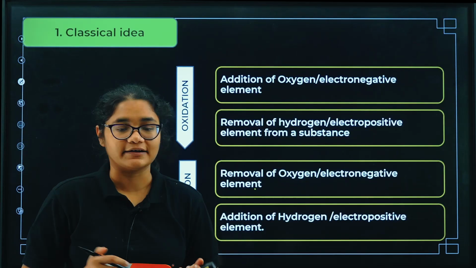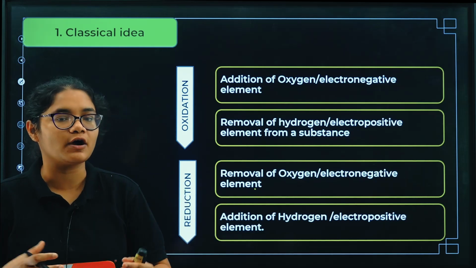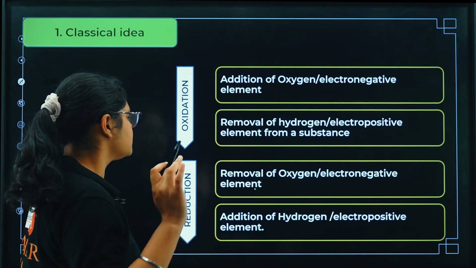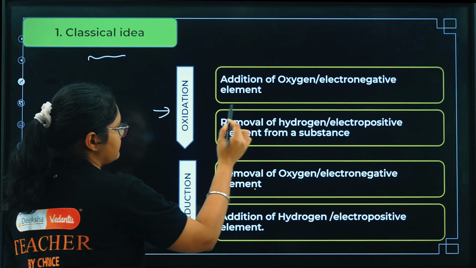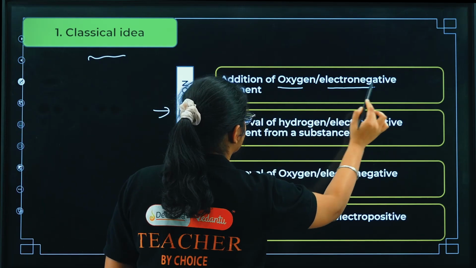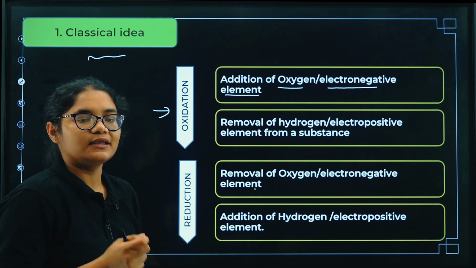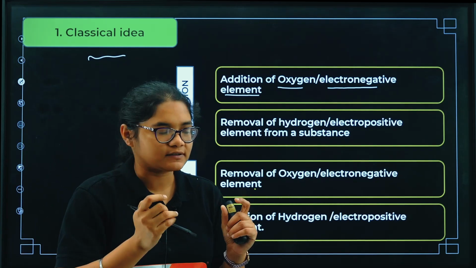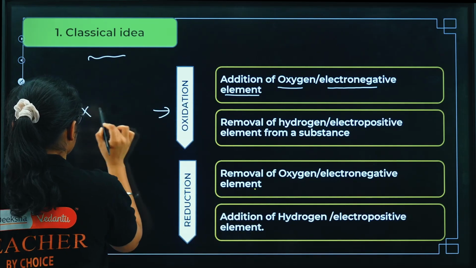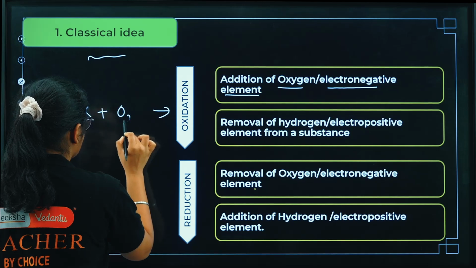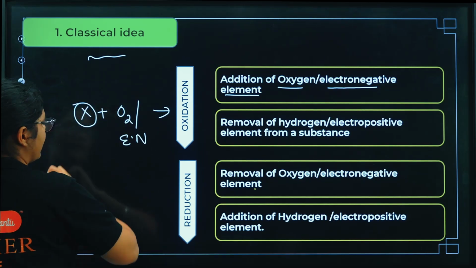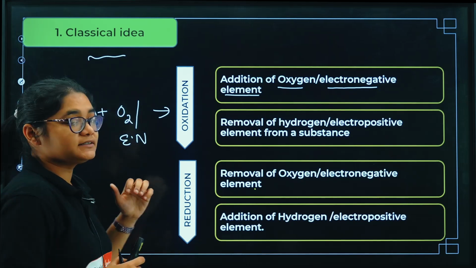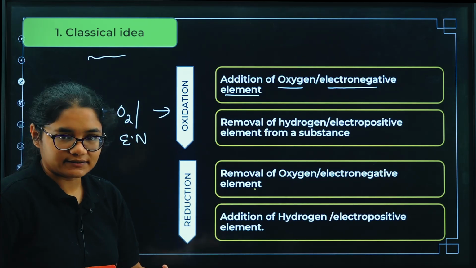First, let us understand the classical idea of redox reaction. Classical idea means the old method. In the old method, oxidation means addition of oxygen or any electronegative element. If you are adding oxygen or any electronegative element to an element X, then this substance is said to be oxidized.